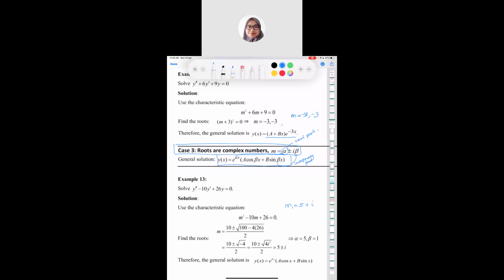Kalau you tekan sama dengan balik, you akan dapat 5 lagi, dan tekan shift equal, you akan dapat negatif 1i. Kat sini maksudnya m2 equal to 5 tolak i, atau dalam complex number kita tulis m equal to 5 plus minus i.